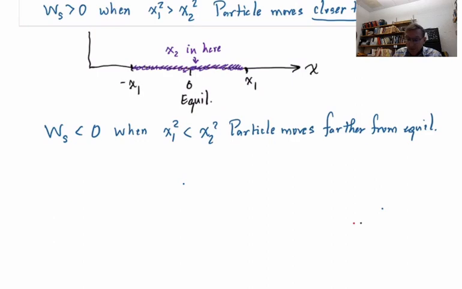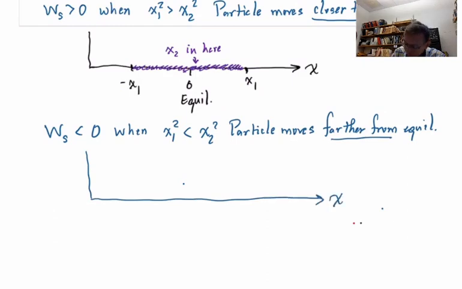Farther from. What would that look like, potentially, on our standard picture? Well, let's say that the particle started out, say, maybe here, but let me draw the symmetric version of it on the left, negative x1.